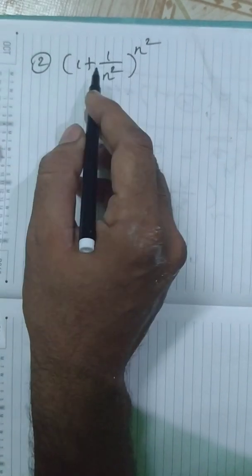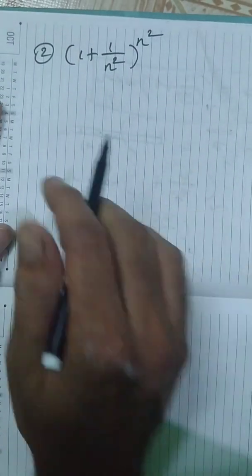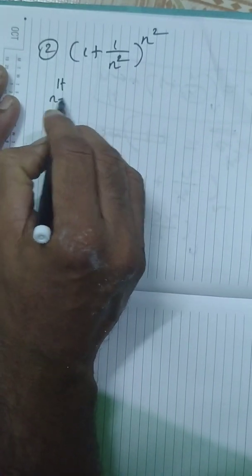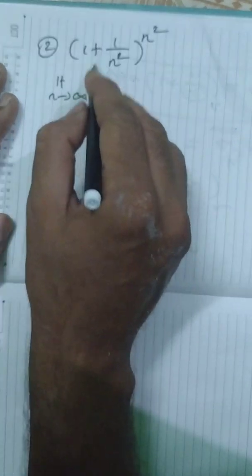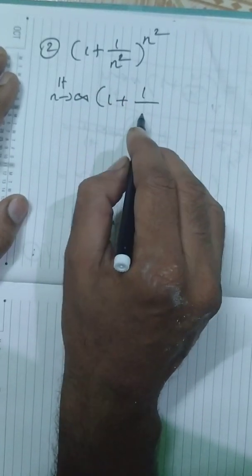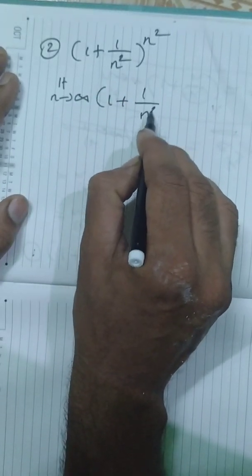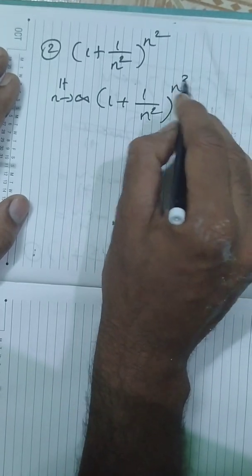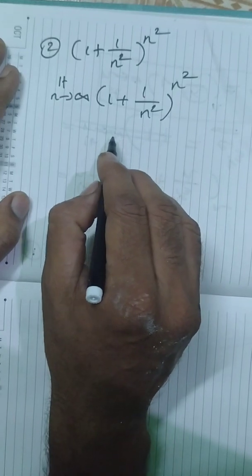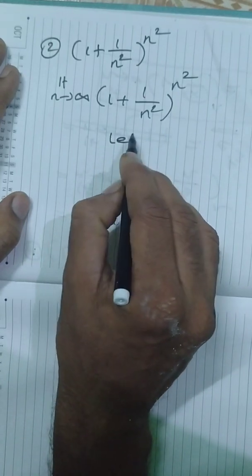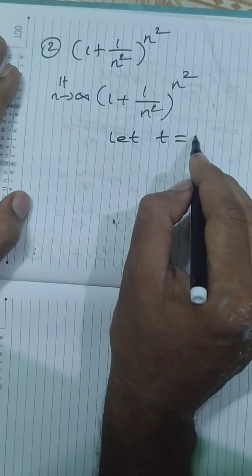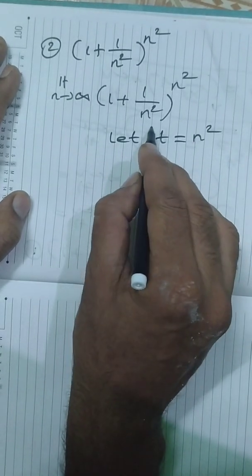Next I take the second problem. Limit n tends to infinity of (1 plus 1 by n square) whole power n square. For our convenience, let t equal to n square.